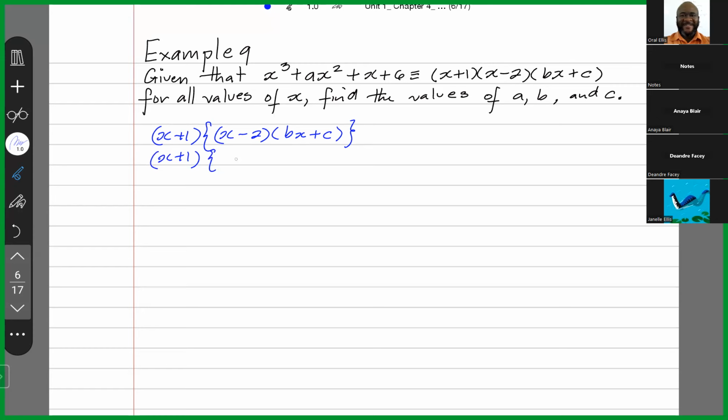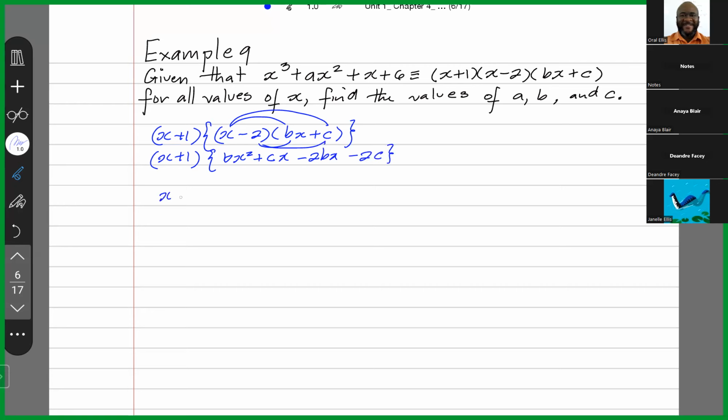We have what? bx squared. Then what? cx. We have minus 2bx and minus 2c.